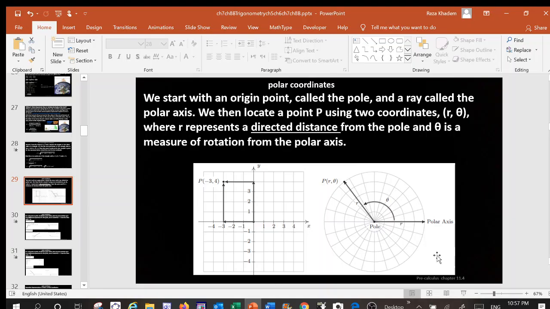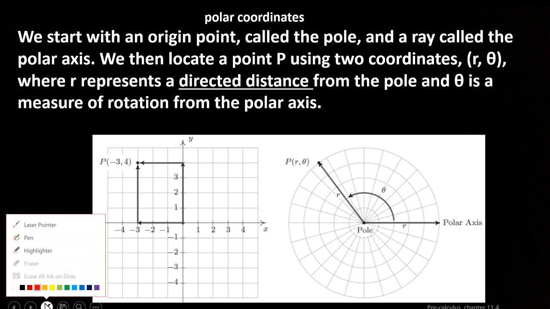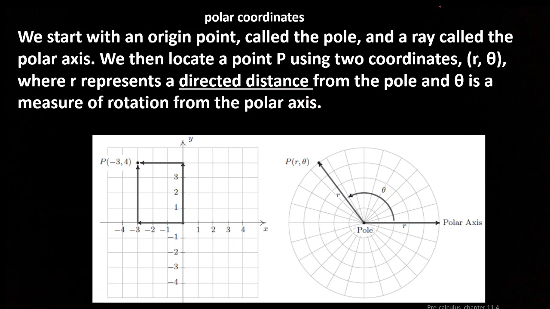Now I'm going to turn off my video and start. So what we want to do is talk about polar coordinates. There are many applications for polar coordinates, and most of them involve rotational movements.